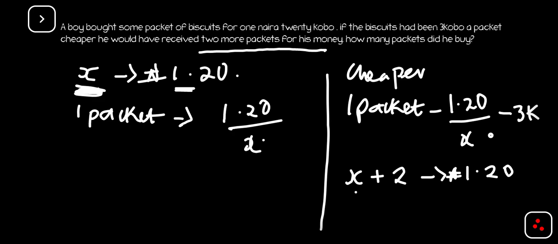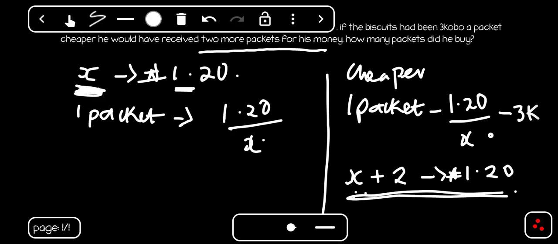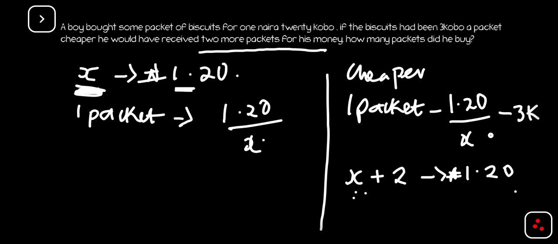But you notice that from the number of biscuits he bought for 120, we were able to get the price for one packet. We can still do the same here, X plus 2, which is the number of biscuits he would have bought at a cheaper rate for the same price, 1.20. We can still get the price of one packet from this simple equation, the same way we did by dividing by the number of packets.